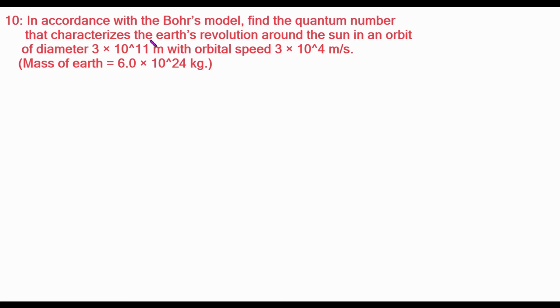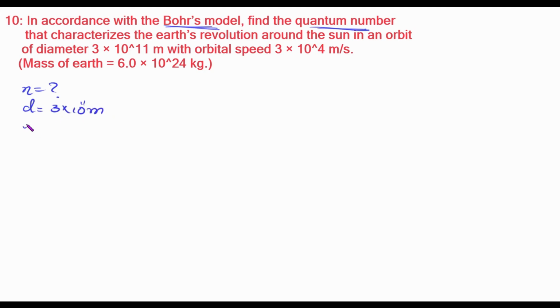As you read this question, you will understand, in accordance with Bohr's model, which means Bohr's postulate, we have to find the quantum number, which means n, we have to calculate. Diameter of the Earth's orbit is given, which is 3 into 10 to the power of 11 meter.